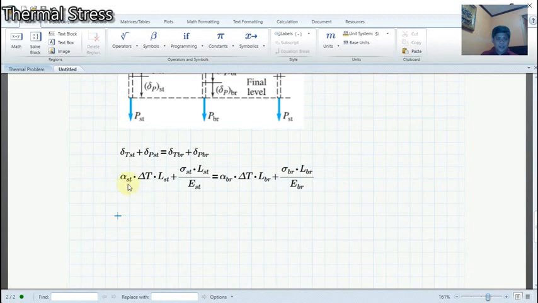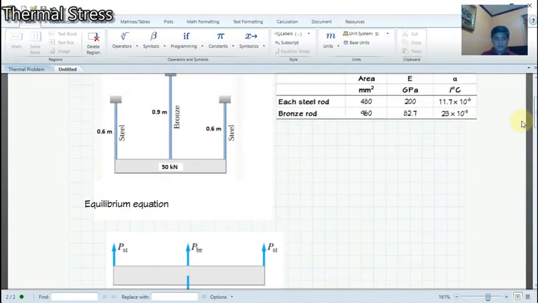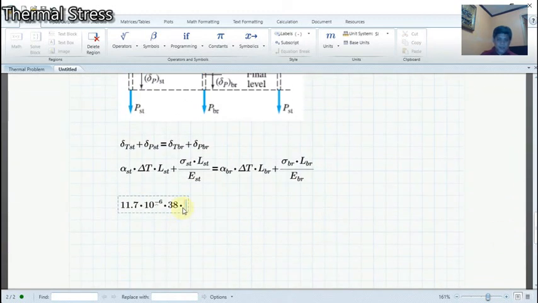This is 11.7 times 10 to the negative 6 per degree Celsius, multiplied by the change in temperature, which is 38 degrees Celsius, multiplied by the length of the steel, which is 0.6, and in terms of millimeters, 600 millimeters.